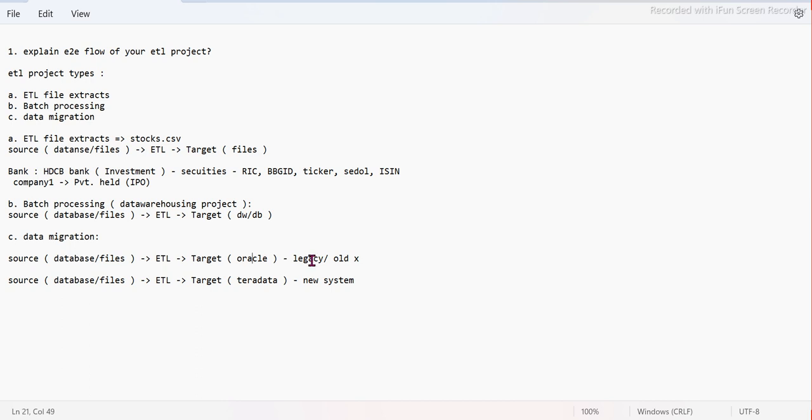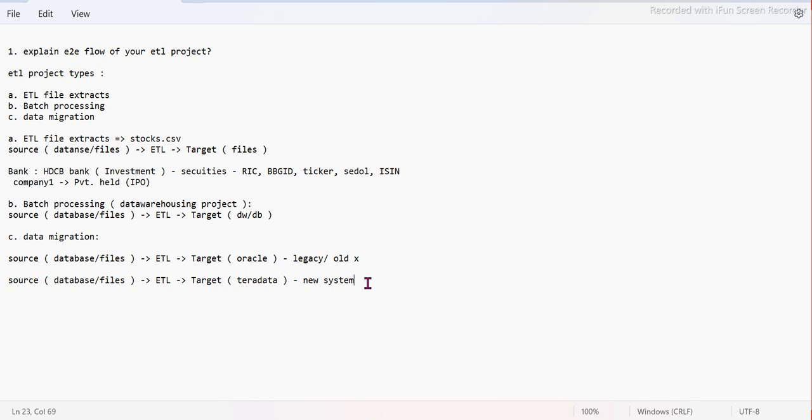In this case, we can do some testing called parallel production testing. Parallel production testing basically means I will not stop this particular flow until this new system is completely certified and acceptable to the standards and requirements of the users.